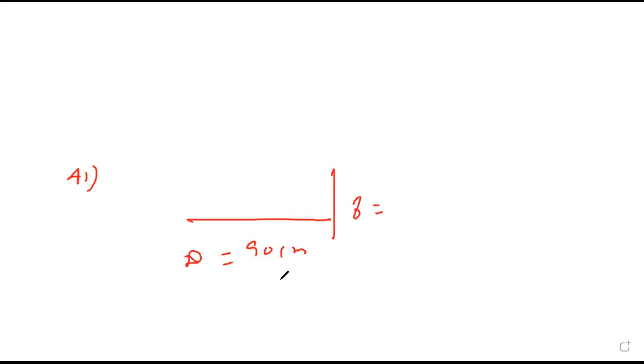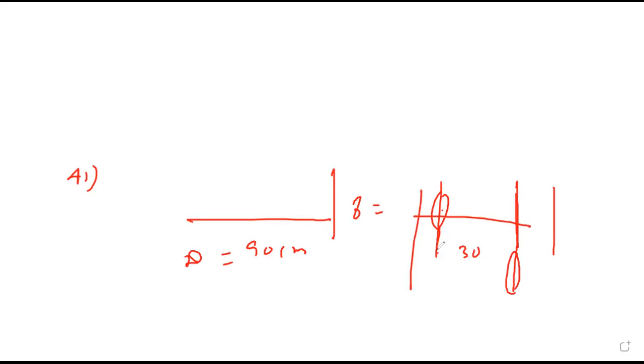The image of the object on the screen is formed by a convex lens at two different positions separated by 30.